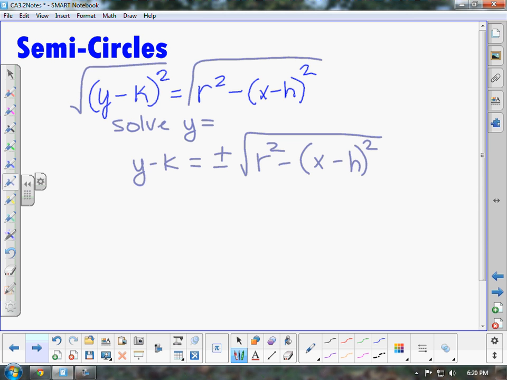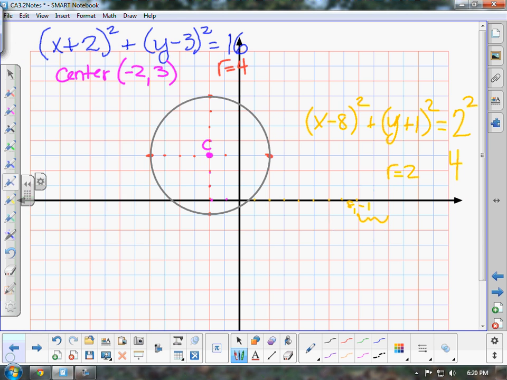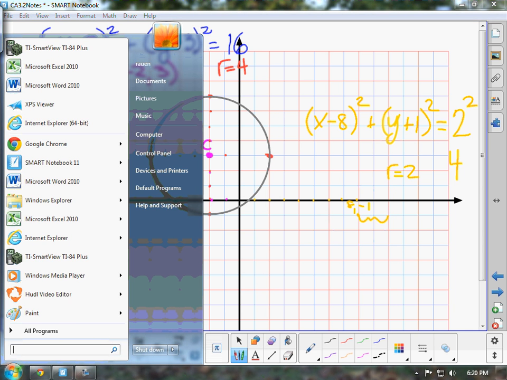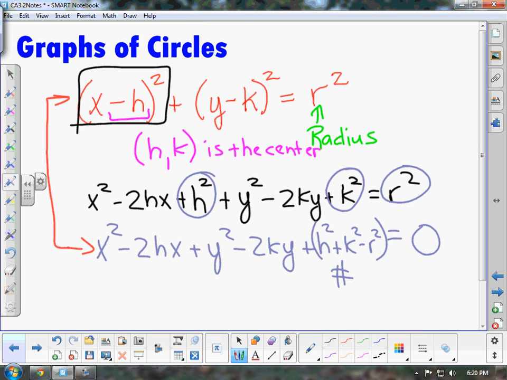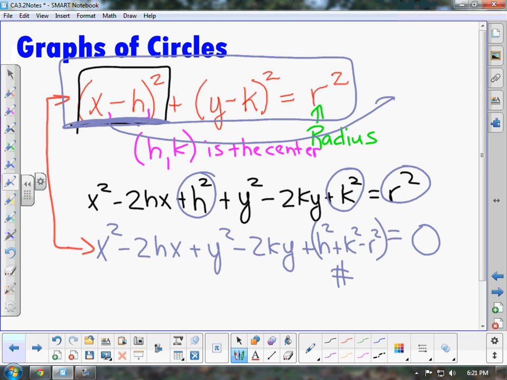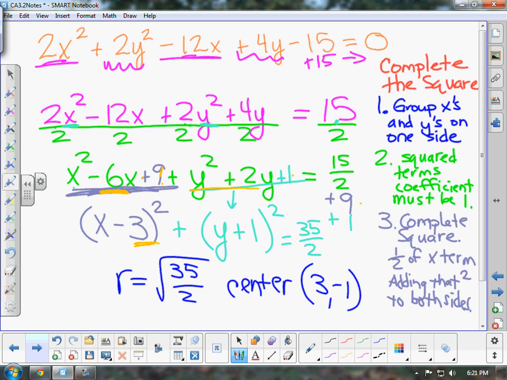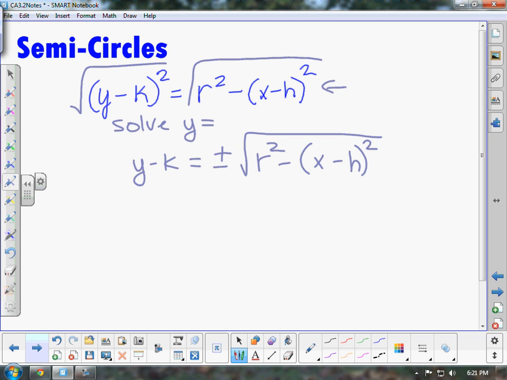Now, where did this equation come from to begin with? Well, it is this equation right here. I just took this part of it and moved it to the other side by subtracting it. All right, so we're left with that equation.